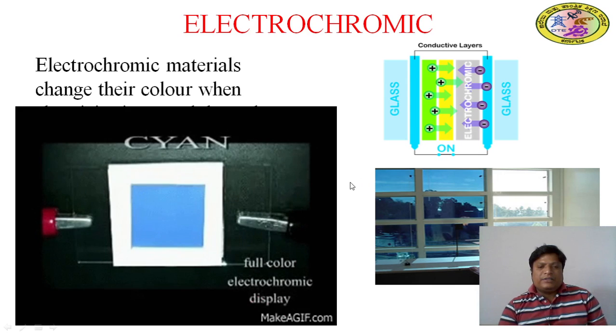This is the animation of a full color electrochromic display. When you are supplying electricity, the color of the glass changes. Initially, in the absence of the electrical supply, the light will be scattered.